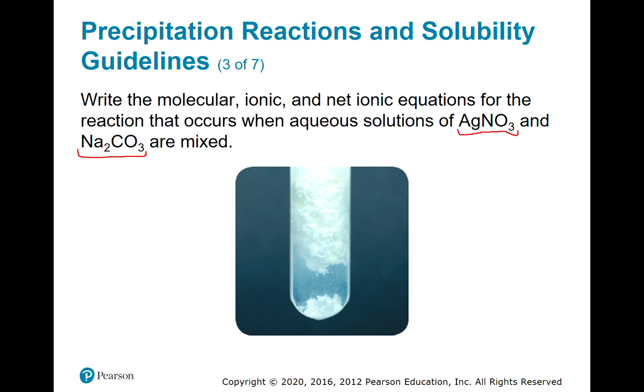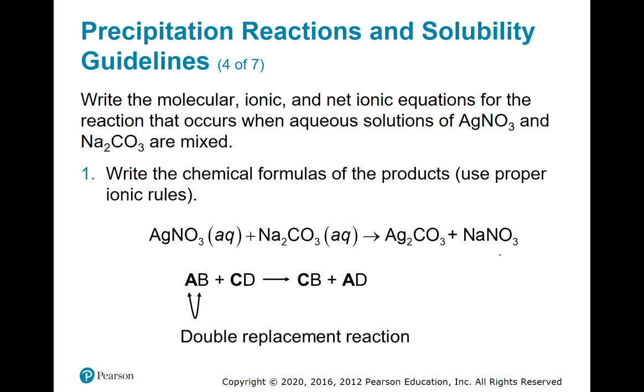However, let's say you were doing this reaction in the lab, and you combined aqueous solutions of these two soluble salts, and you got a chemical reaction that looks like this, where clearly we formed a white solid in this test tube. So that's good experimental evidence that a precipitation reaction has occurred, which means that we're going to form some insoluble compound here.